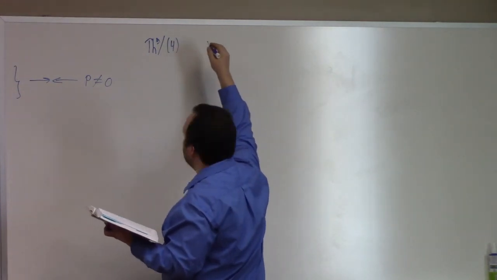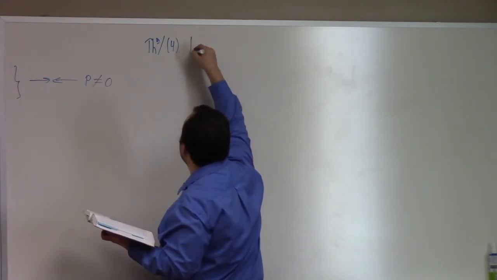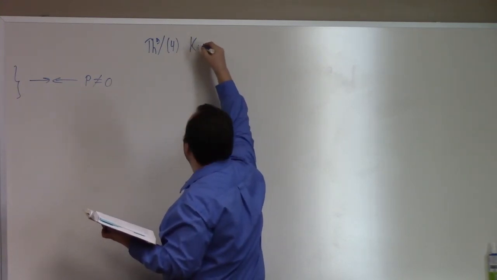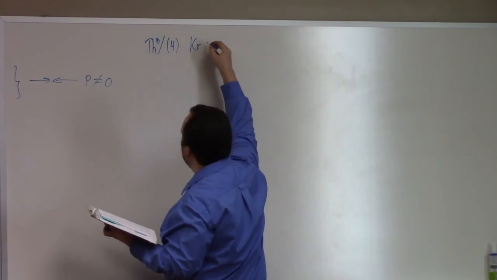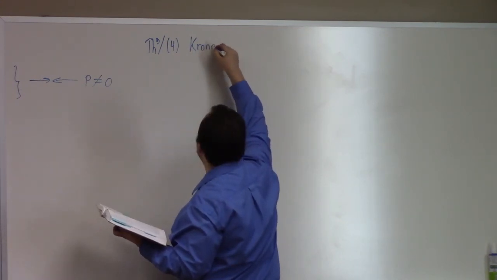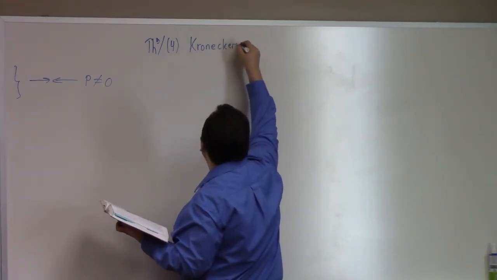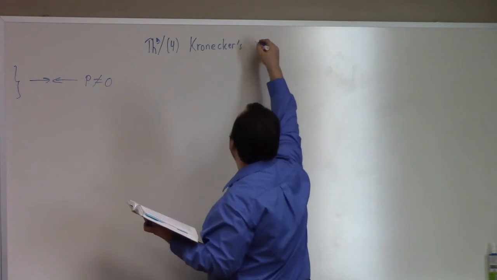The next large story arc in this two-semester sequence of abstract algebra is probably Galois theory, and this theorem is at the base of all that. This is Kronecker's theorem. And we've already seen this in play.